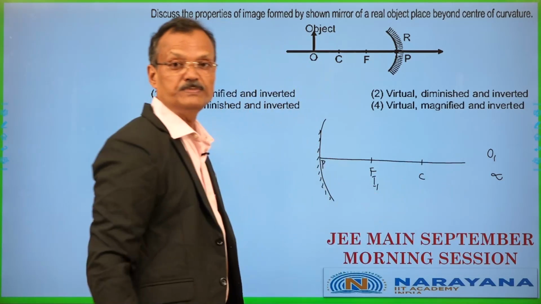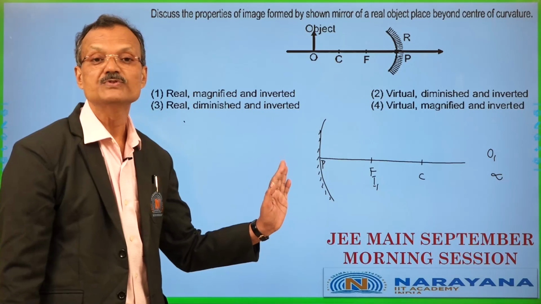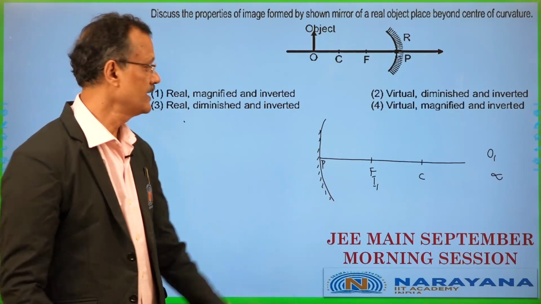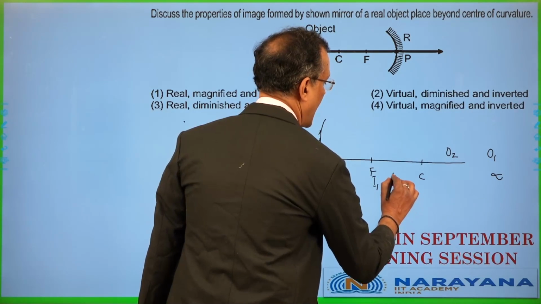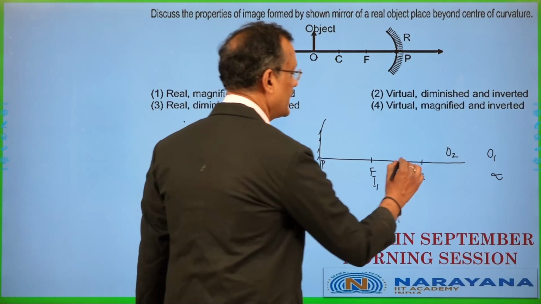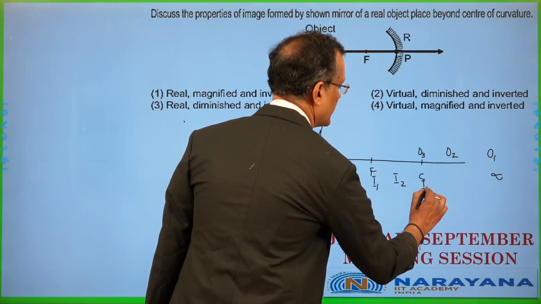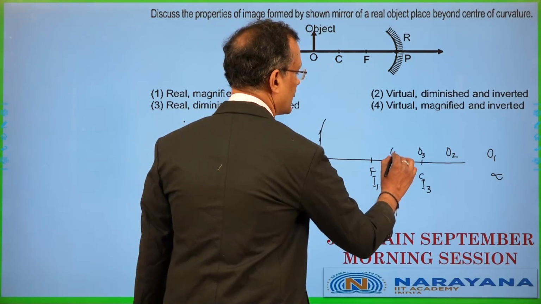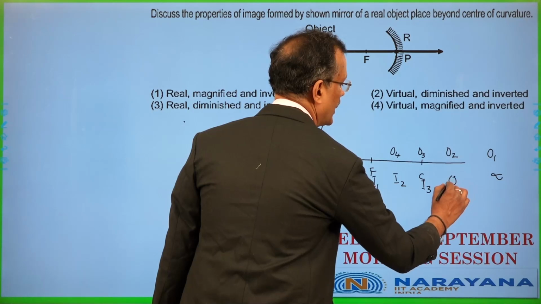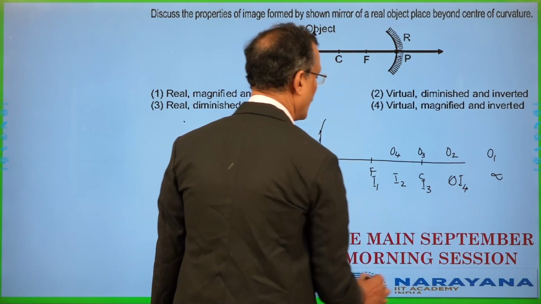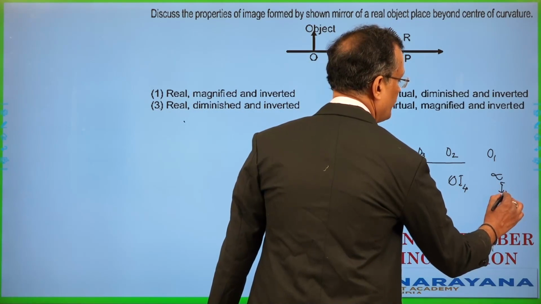One step, the object will come nearer, in between C and infinity, the image moves one step away, in between F and C. So, this is O2, this is I2. One step more nearer you come, O3, the image will be formed at C. I3. The object will come one step more nearer, the image will move one step away. It will become I4. When the object comes at the focus, the image will go to infinity.